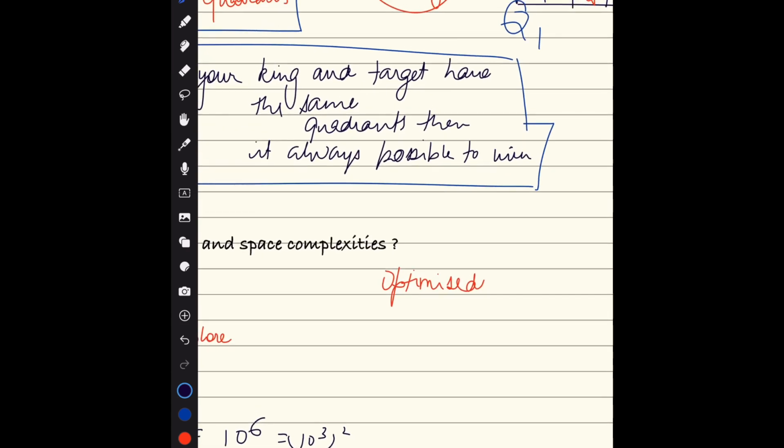If I'm talking about optimized, you're simply checking if they are in quadrants or not, right? You are just checking the quadrants of the king and the target, right?